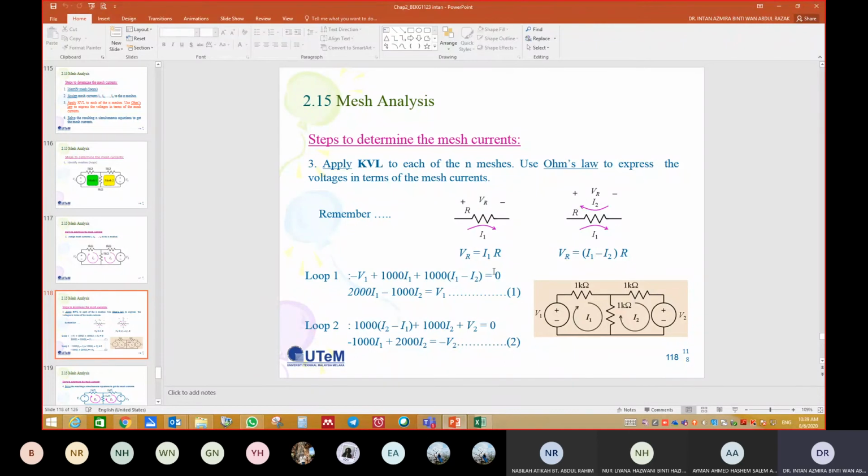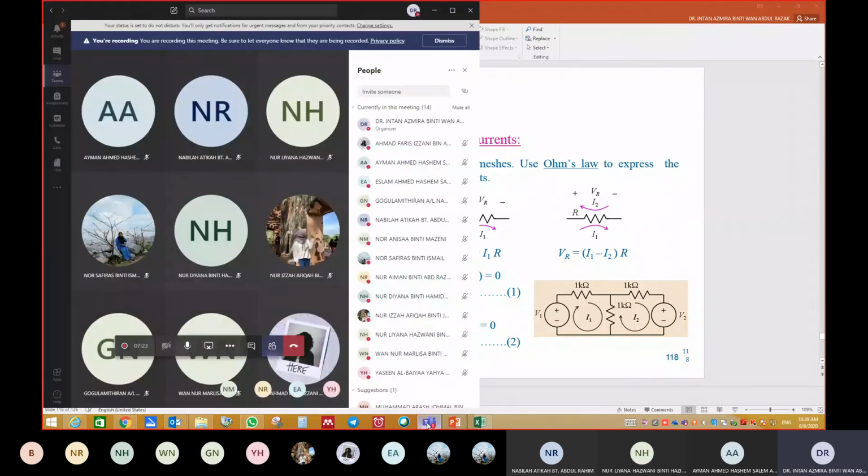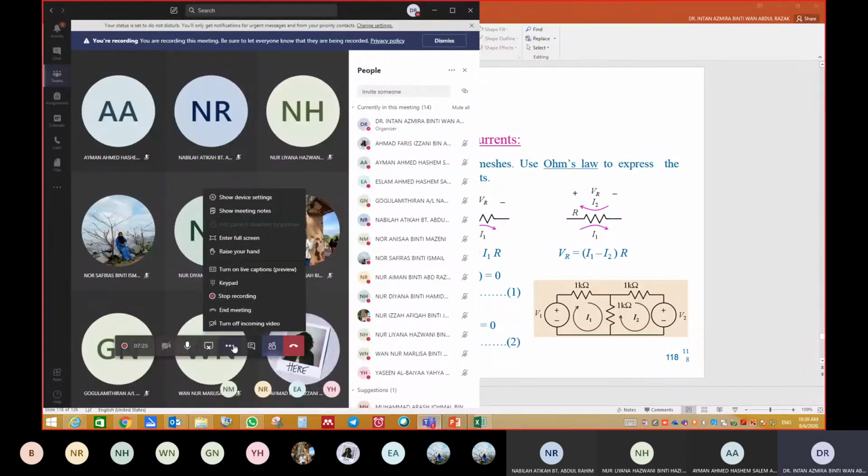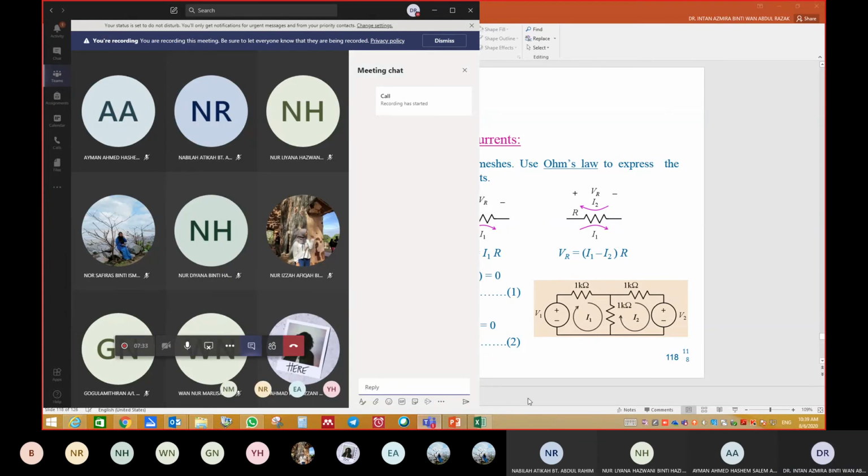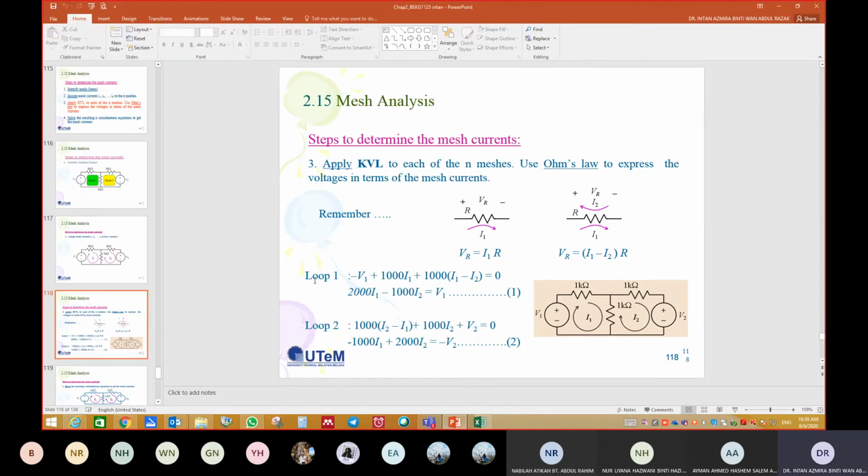Okay, so let's write the KVL equation in loop 1. So in loop 1, you can start at any element. Let's try to start at voltage source V1.